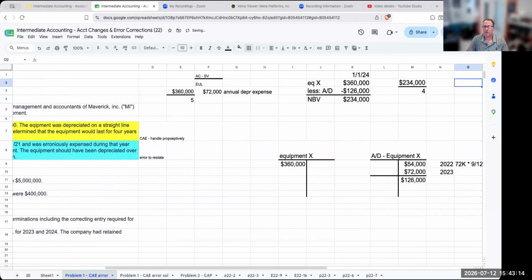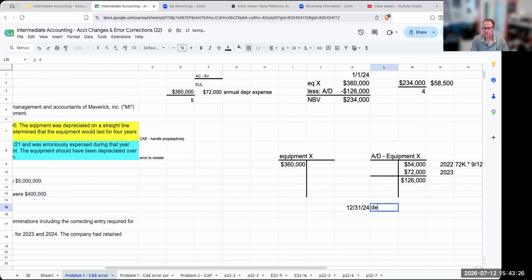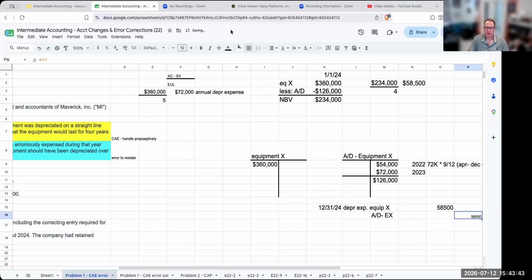So the depreciation expense I'm going to record for 2024 is 58,500. On 12/31/24, debit depreciation expense equipment X for 58,500, and credit accumulated depreciation equipment X for 58,500. That would be my journal entry for this particular one.